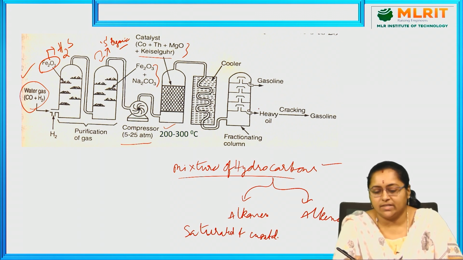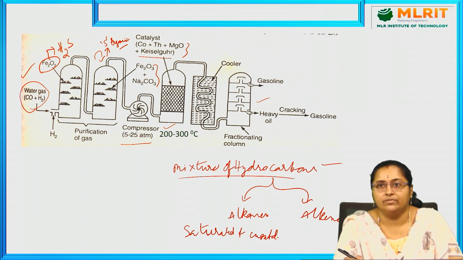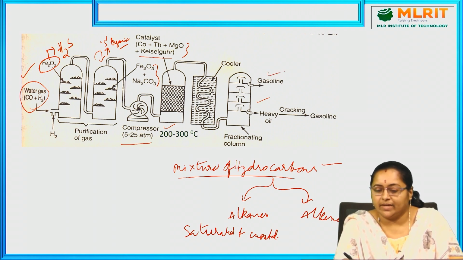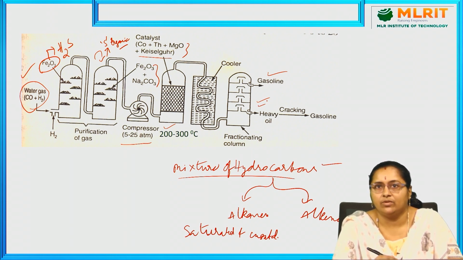In the tall fractionating column, as you know very well, because we have already discussed fractional distillation of petrol in the previous classes, we will get gasoline, which is our required final product. Along with that, there is a chance of formation of a small amount of heavy oil.